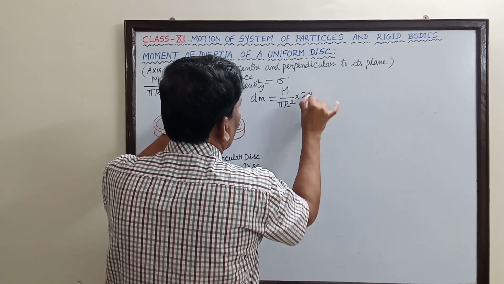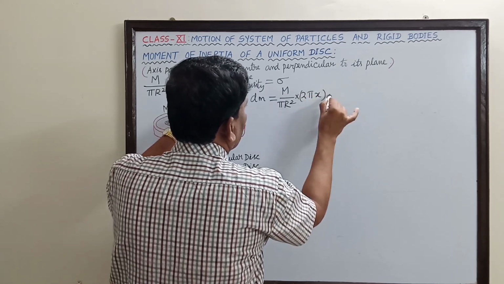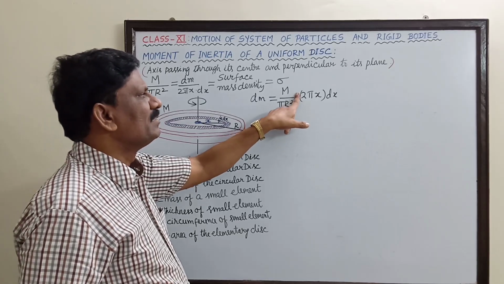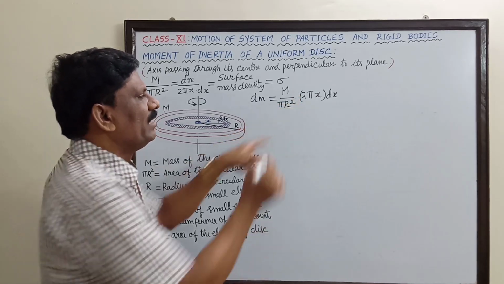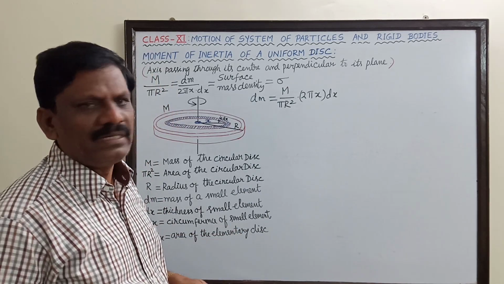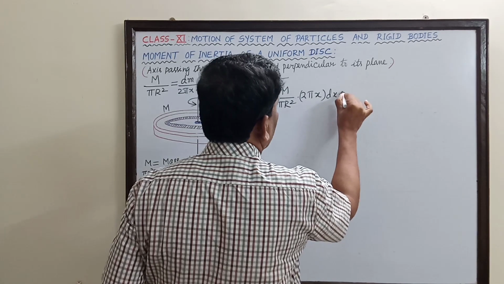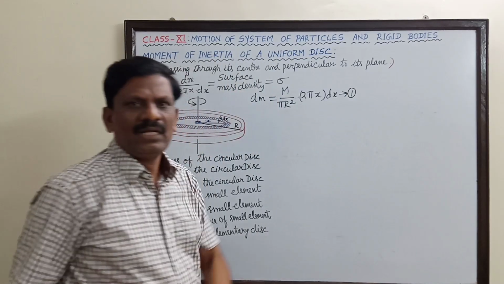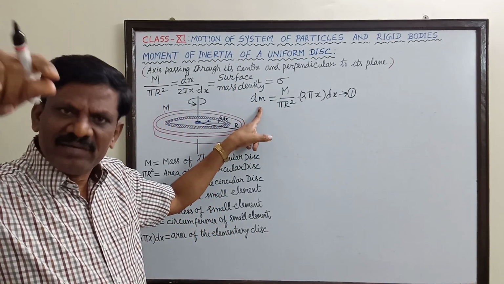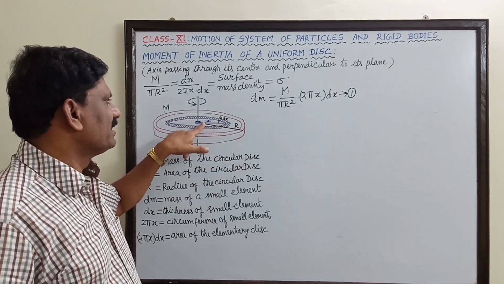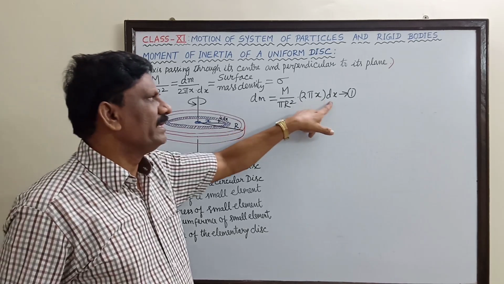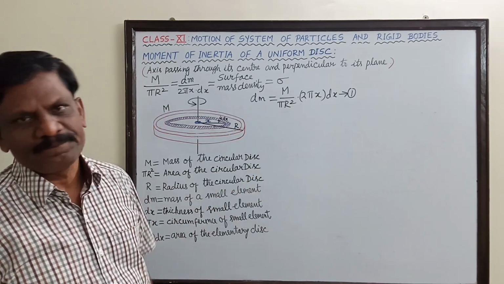You should not confuse this multiplication symbol with the x, so I keep one dot: M by pi r square, into 2 pi x, into dx. So this is our equation number 1. Have you understood up to this? So the mass of the elementary ring of radius x is M by pi r square into 2 pi x into its thickness dx.